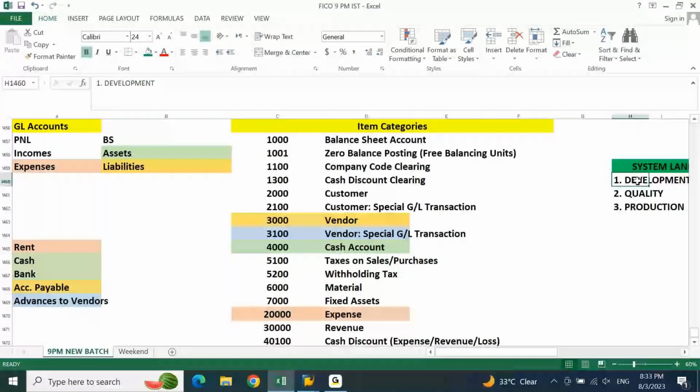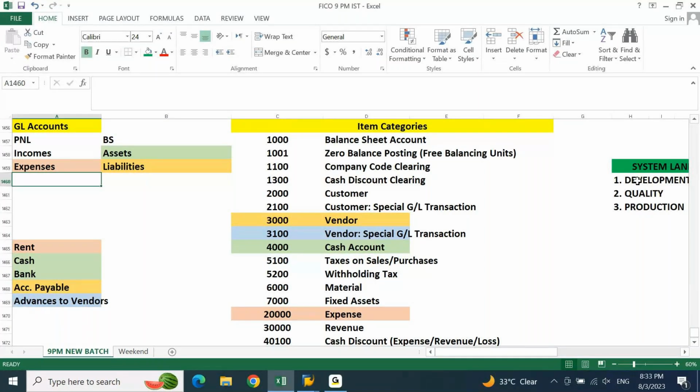Let's say due to some reasons your client is passing one kind of entry. Let's say I am debiting a customer account, I am crediting a cash account. When I'm passing this entry, debiting a customer account, crediting a cash account, let's say the system is not allowing this entry.